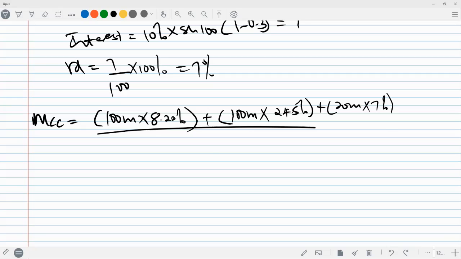The total amount they're going to raise is 220 million, which is 100 plus 100 plus 20. Therefore, what is the marginal cost of capital of the firm?